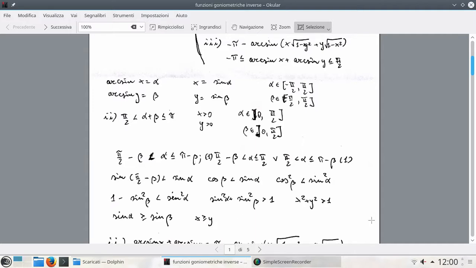If we change the first relation in terms of beta, we will have x not greater than y, so the second relation isn't important.